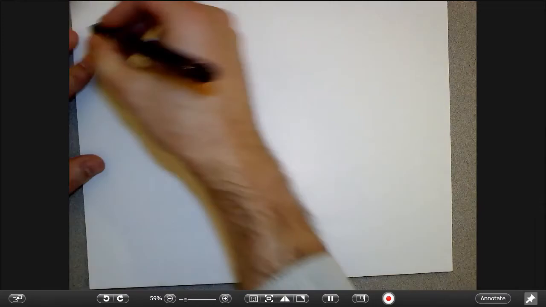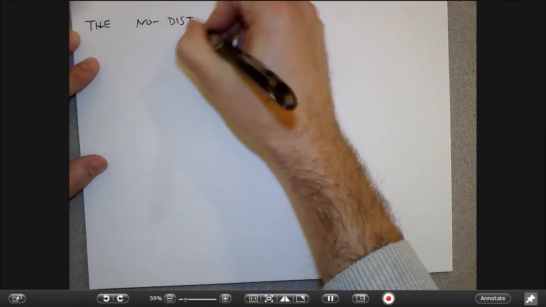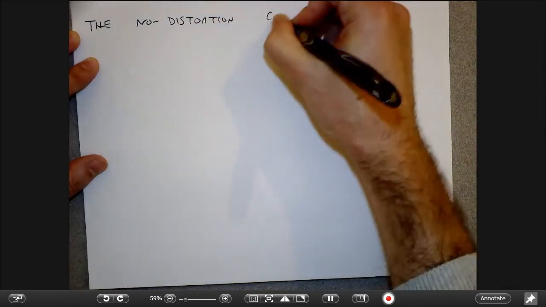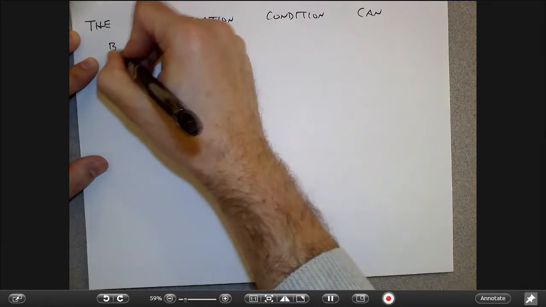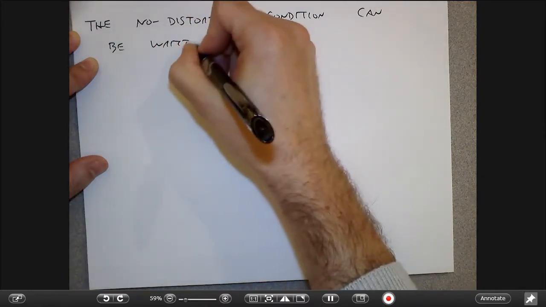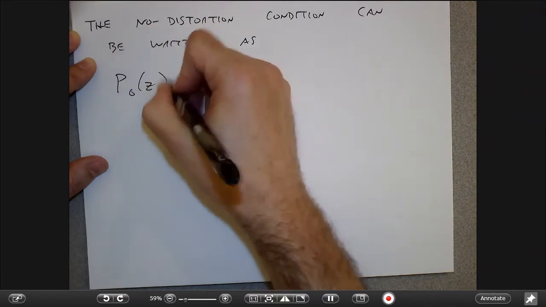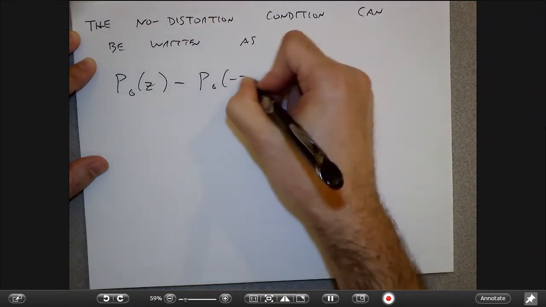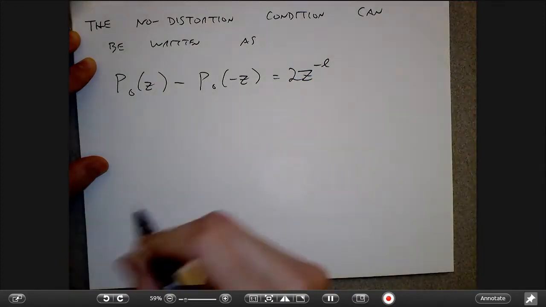So the no distortion condition can be written as P0 of Z minus P0 of minus Z like this.